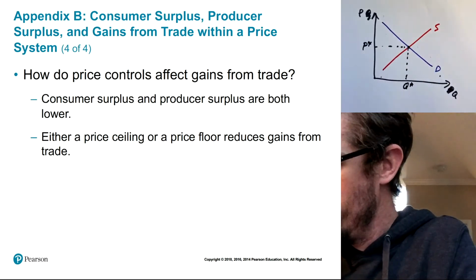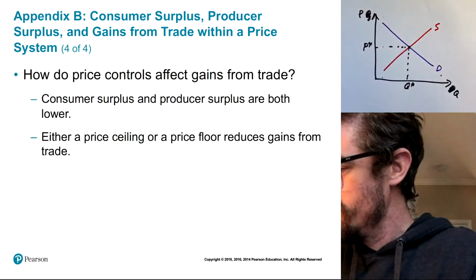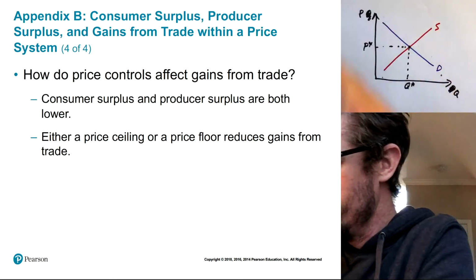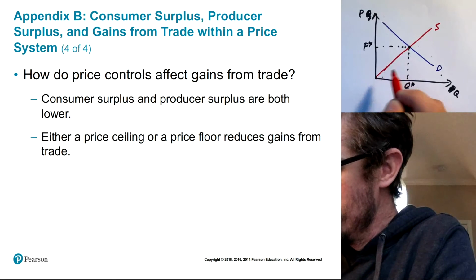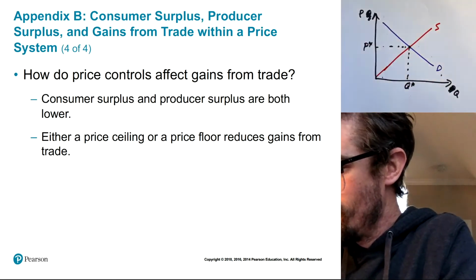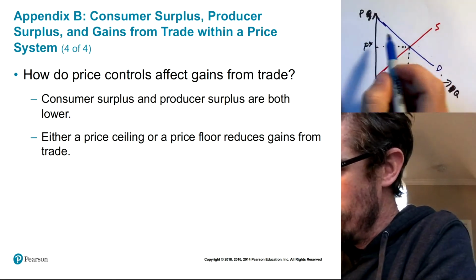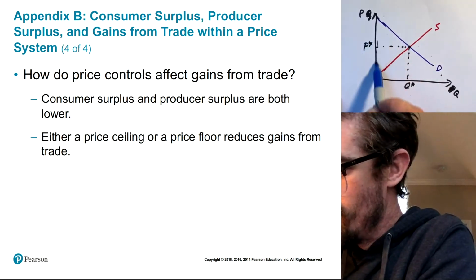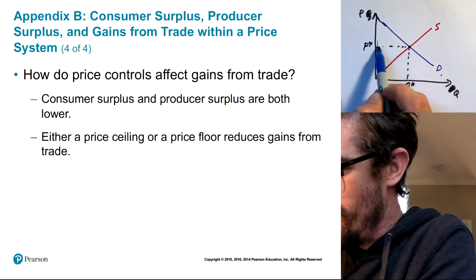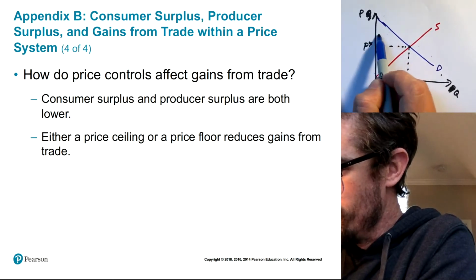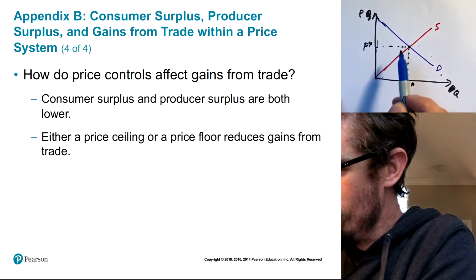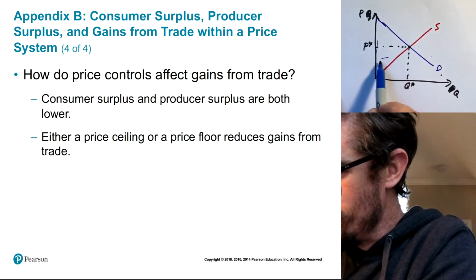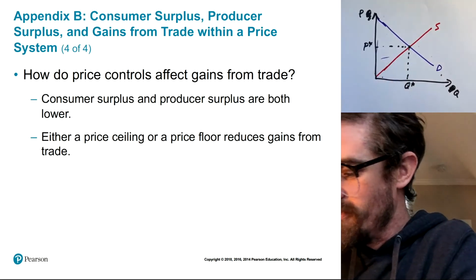And if there were no price controls, this entire area here, let me actually connect these to the price axis, this entire area in here represents total gains from trade, right? This triangle up top here represents consumer surplus, and then this triangle down here below price represents producer surplus.